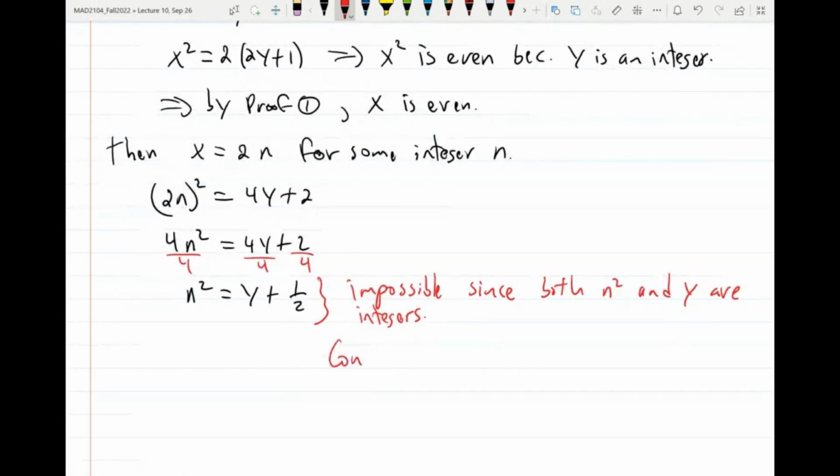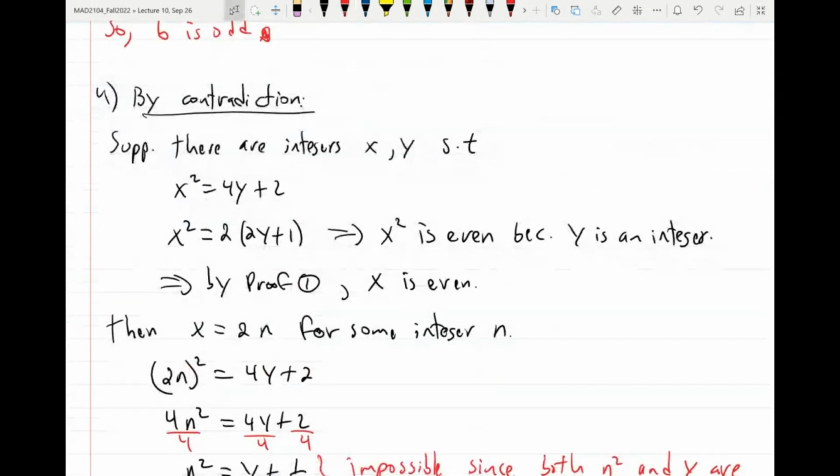So that's a contradiction. So if it's a contradiction, what does that mean? It means something went wrong, right? What went wrong? The original assumption. What was the original assumption? We started by saying that we could find integers so that this happens, right? So then this is wrong. So that means there are no integers with this problem. Do you understand this?